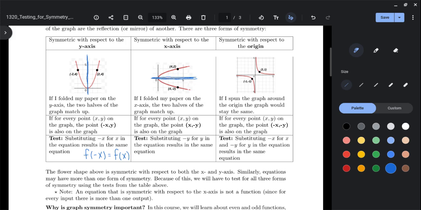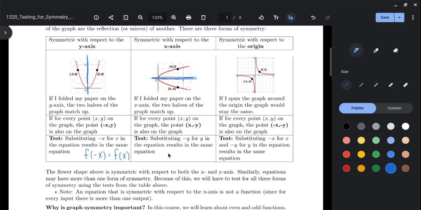Another way that I can say this is if there's a point (x, y) on my graph, then there's also the point (x, -y) on the graph, which again is exemplified here. I have (4, 2) on my graph, so that means I should also have (4, -2) on my graph, which I do.